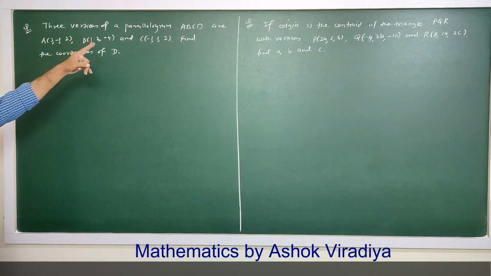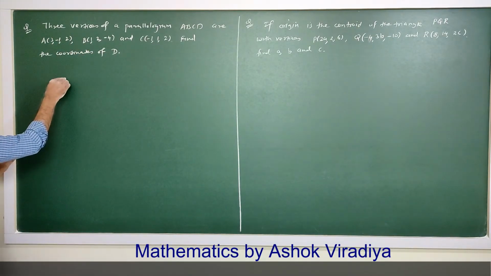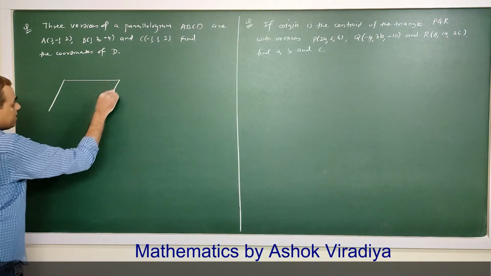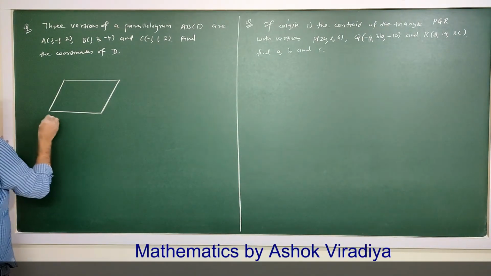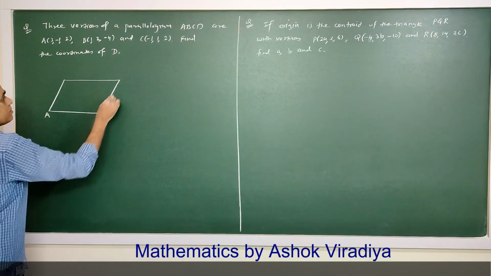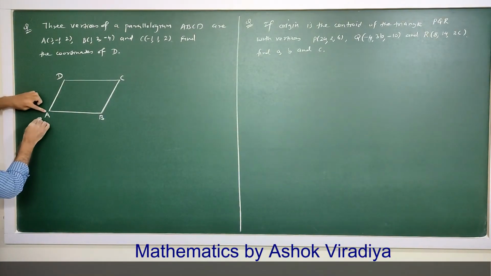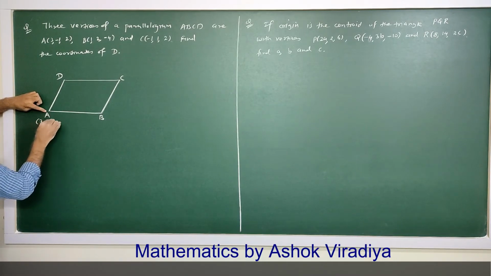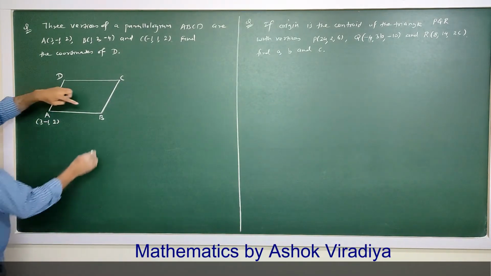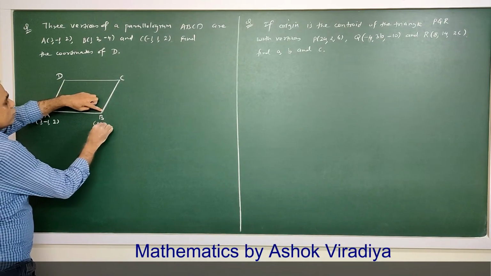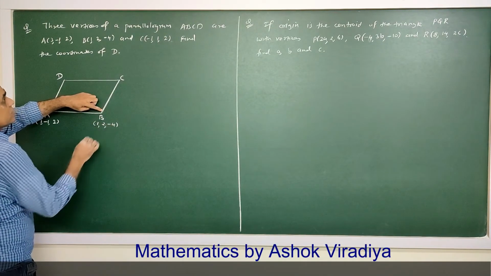Vertices of a parallelogram ABCD are given. Say here ABCD, it's a parallelogram. Coordinates of A are 3, minus 1, 2. Coordinates of B are 1, 2, minus 4.